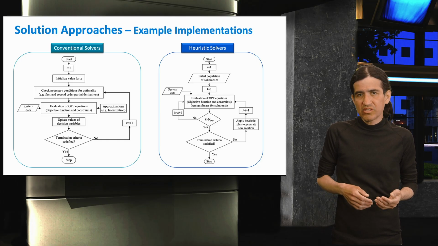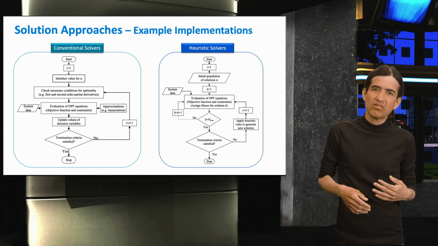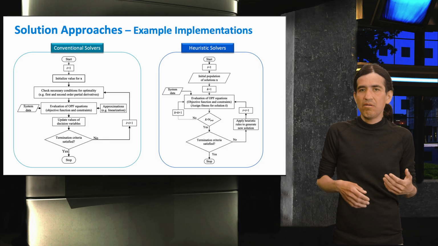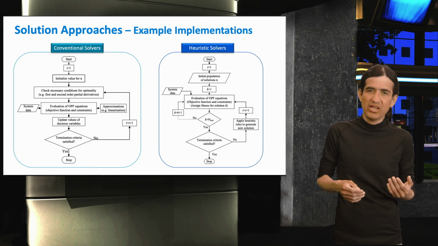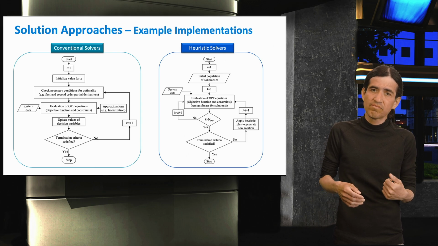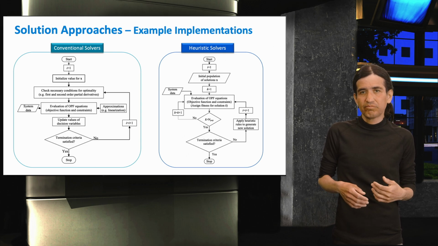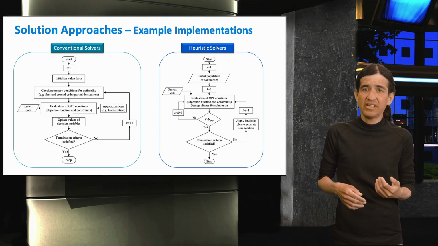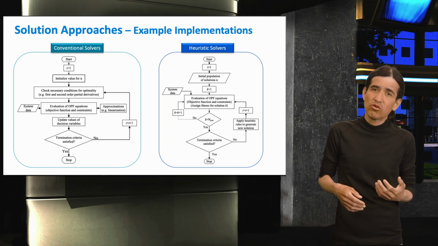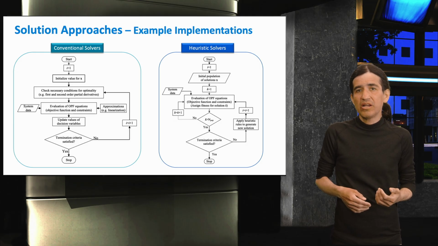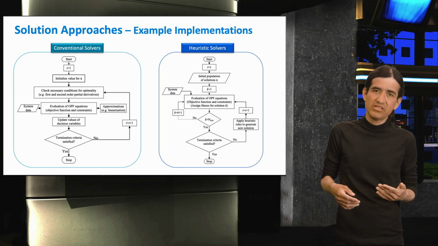Throughout the iterations, solutions are selected and updated based on their performance. Balancing exploration, that means searching new regions, and exploitation, that means refining good solutions, in meta-heuristics, this process is guided by a specific strategy, evolutionary or swarm-based, while hyperheuristics operate at a higher level by selecting or adapting heuristics dynamically.